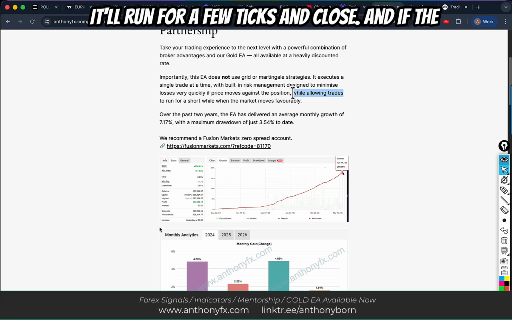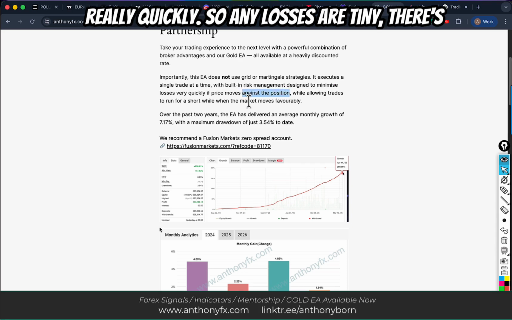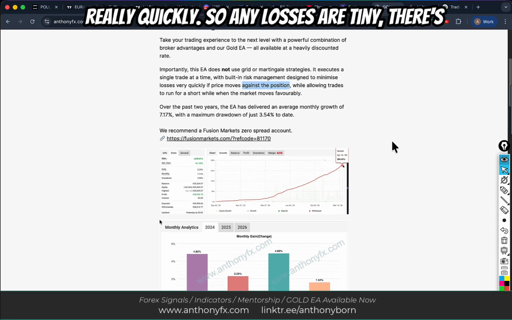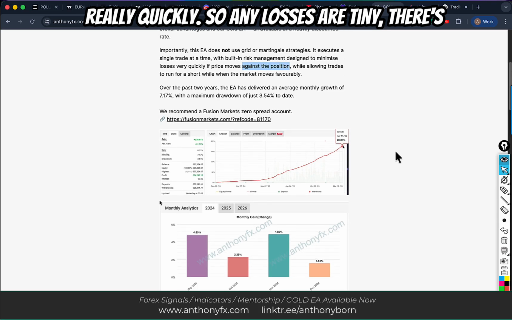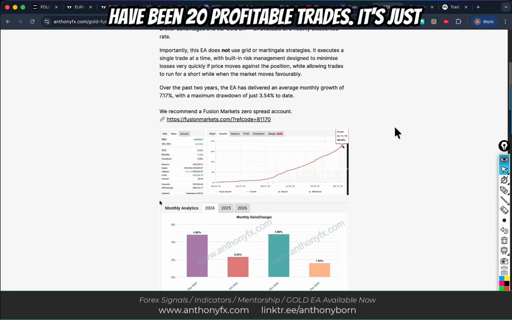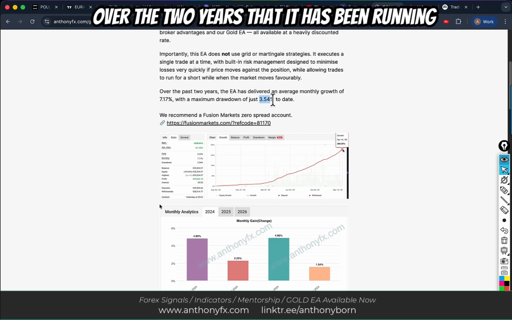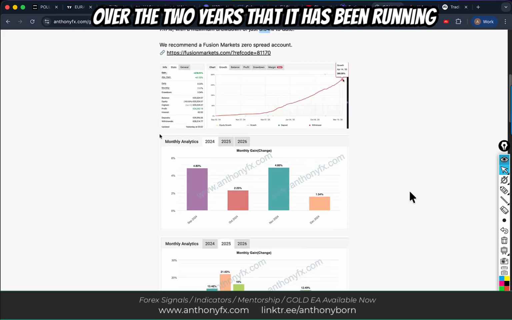It'll run for a few ticks and close, and if the position goes against it, it shuts it down really quickly. So any losses are tiny. There's hardly any loss. I mean, the last 20 trades have been 20 profitable trades. It's just fantastic. Drawdown around 3.54% in total over the 2 years that it's been running.